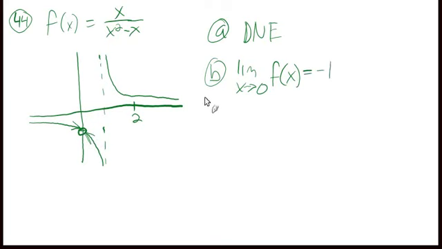Now it says write a simpler function that agrees at every point but this point right here. Okay. How do we do that? Well, it's just a simple cancellation, right? This thing right here, if it brings up in your mind another function, 1 over x.